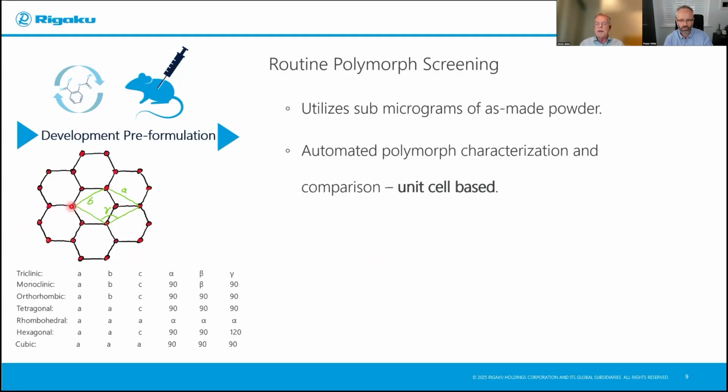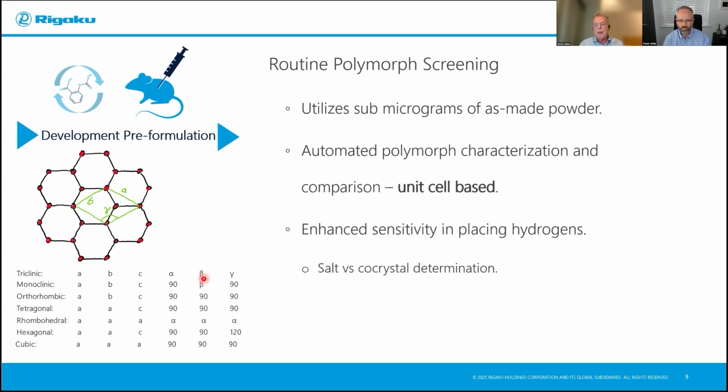So that's A, B, C, they're the lengths, and alpha, beta, gamma are the angles. And depending on the ratios between those 6 parameters, it falls into one of the Bravais lattices, with cubic with a single variable, and triclinic up there with 6 variables. And once we've identified A, B, C, alpha, beta, gamma for that particular unit cell, we have uniquely characterized that crystalline form or that polymorphic entity.